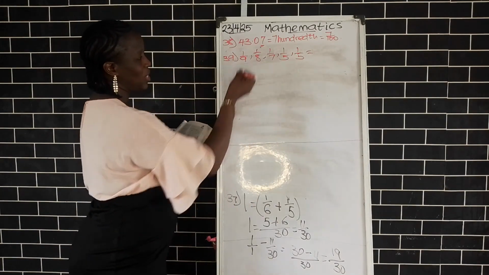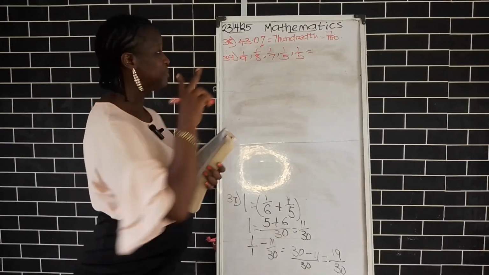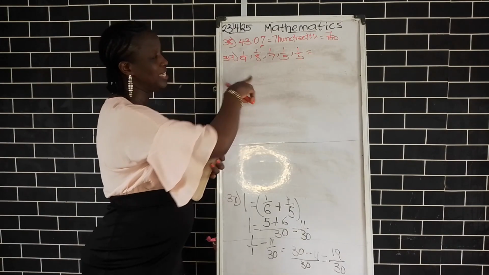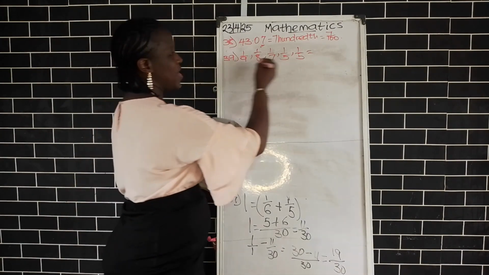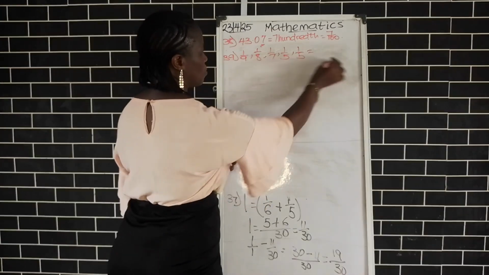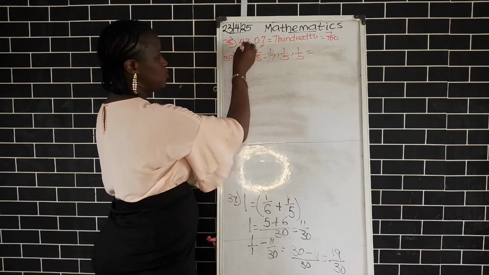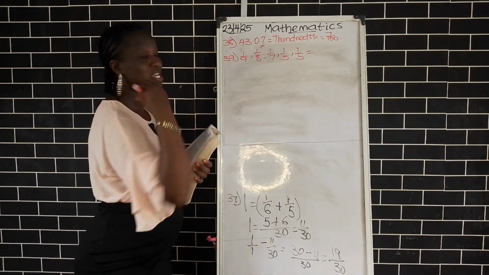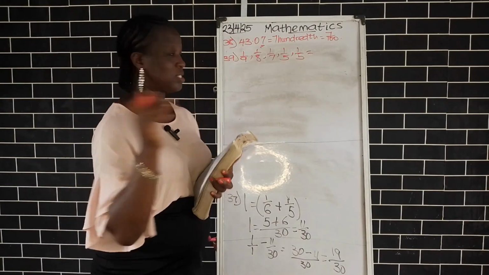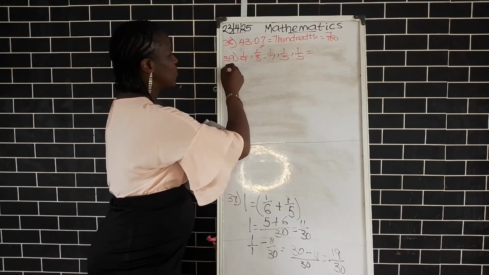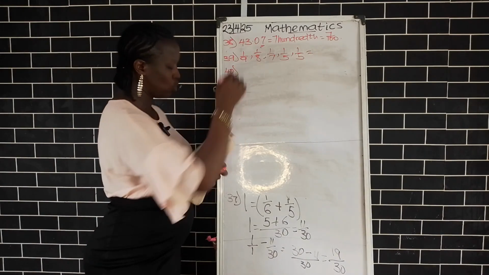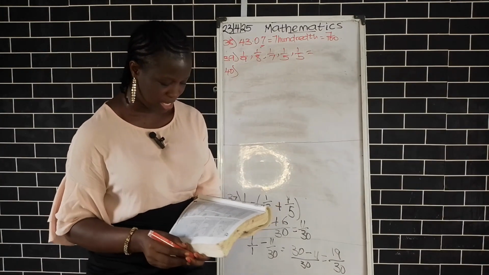The smallest is actually 1/9. There are two methods: either to find the LCM, the number that can go under all of these, and use it to get your final answer. If you watched our previous question, this is one of the common questions we have been doing. So let's go to number 40 without wasting much of our time.